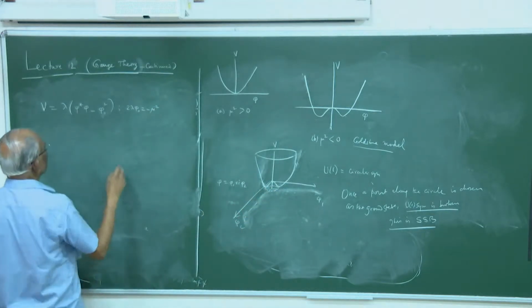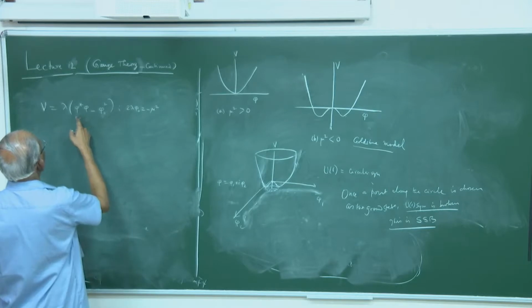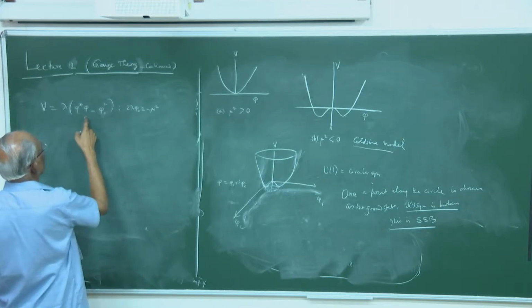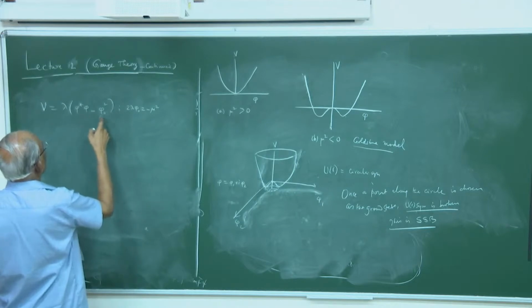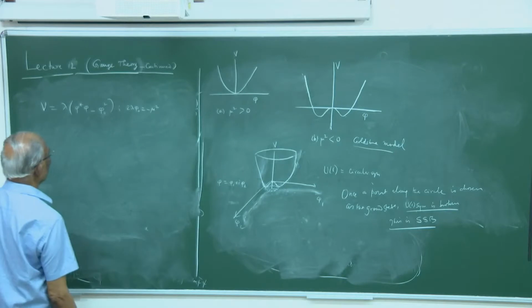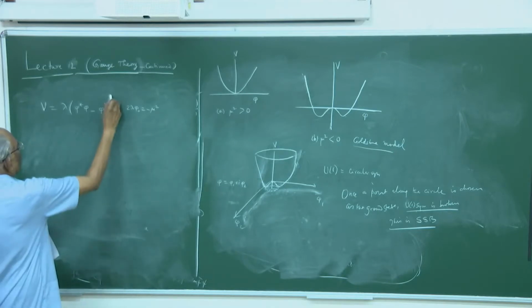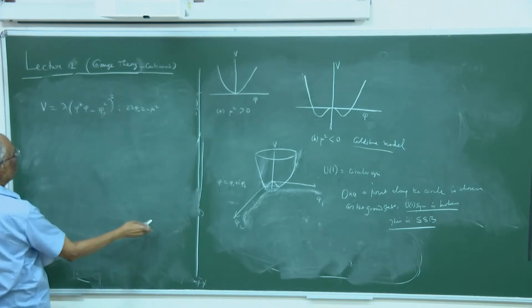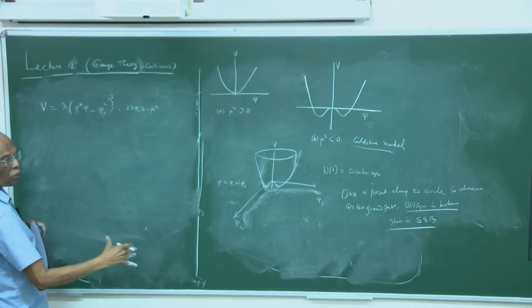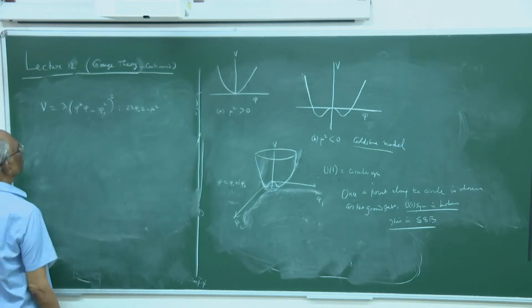So I have added a term 2 lambda phi 0 squared into phi star phi. I am sorry, phi 0 power 4. Basically lambda phi 0 power 4 I have added or subtracted. I am square of this. The original potential is simply this, apart from a constant addition or subtraction, whatever you can check.